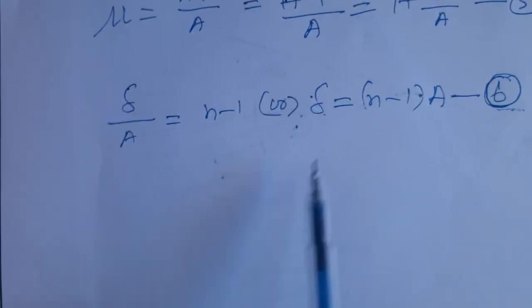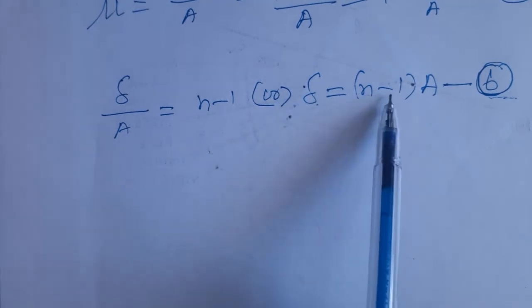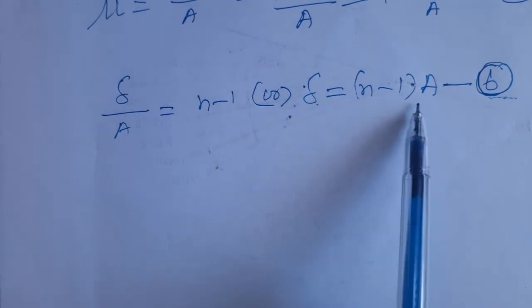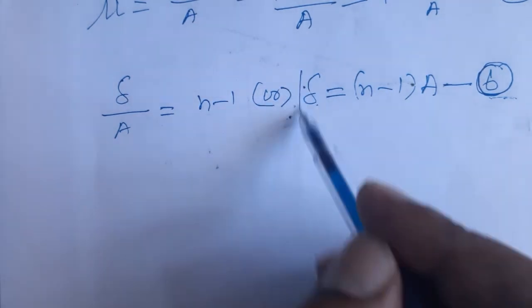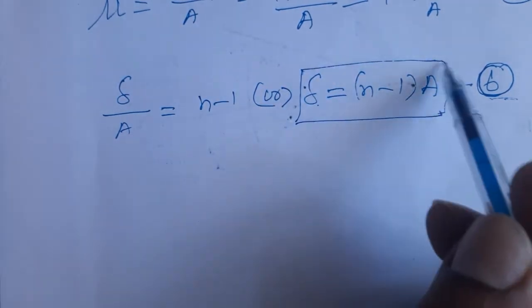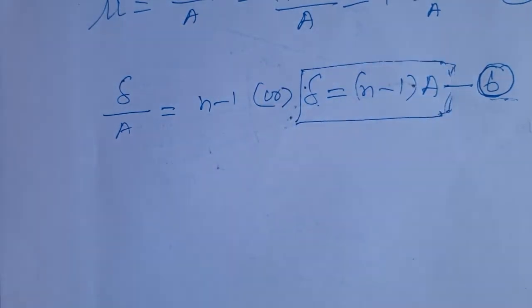Now this general equation, delta equal to (n minus 1) into A, we apply for violet color.